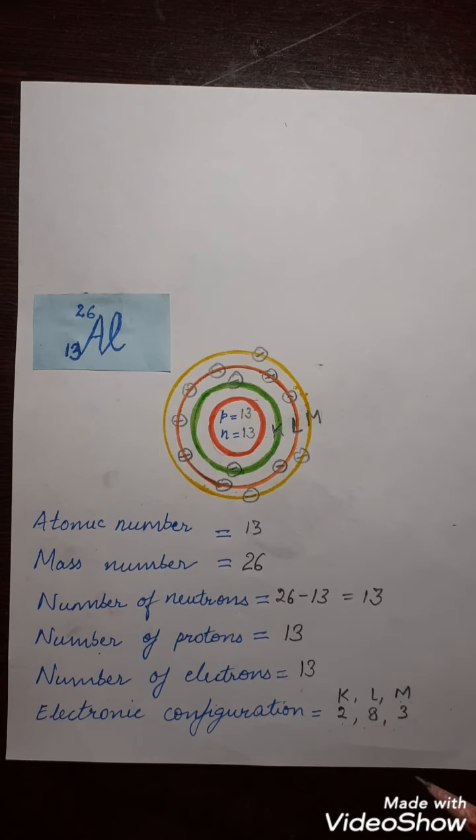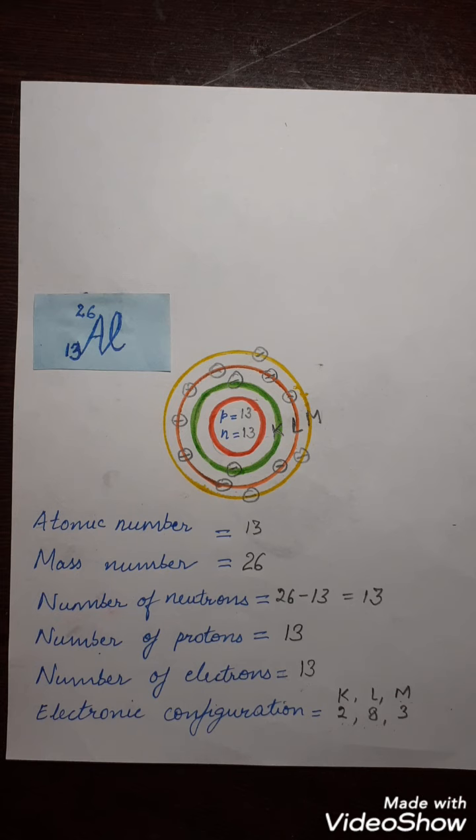Children, how many electrons are present in the valence shell? Which is the valence shell in the aluminium atom? M shell is the valence shell, or the last shell in the aluminium atom. How many electrons are present in this shell? 3 electrons are present in the valence shell. So, what are valence electrons? Valence electrons are the electrons present in the valence shell of the atom.